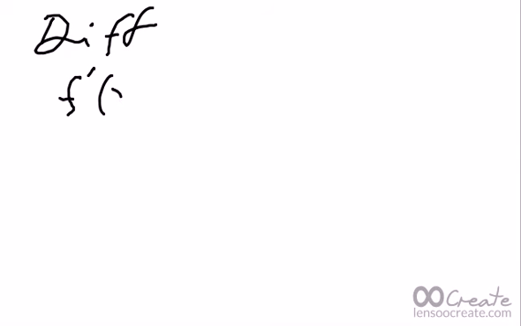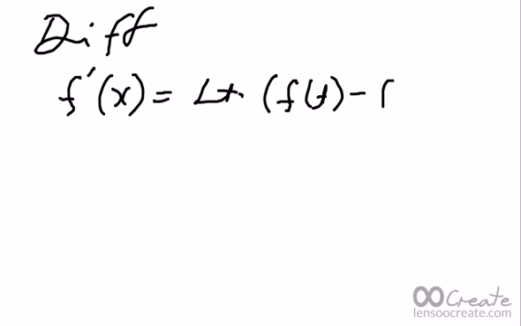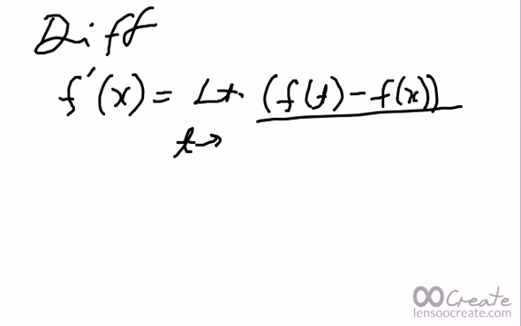Then we saw differentiability, where for any function f, its derivative f'(x) is said to exist and it equals this limit: (f(t) minus f(x)) divided by (t minus x), as t tends to x.